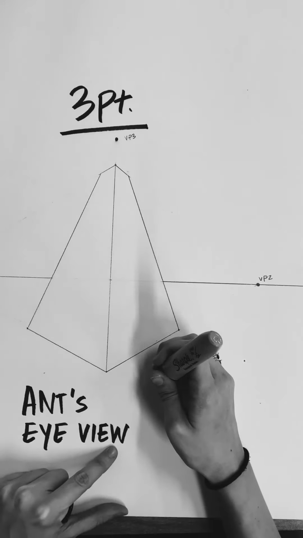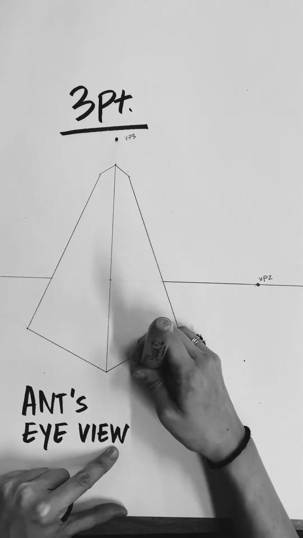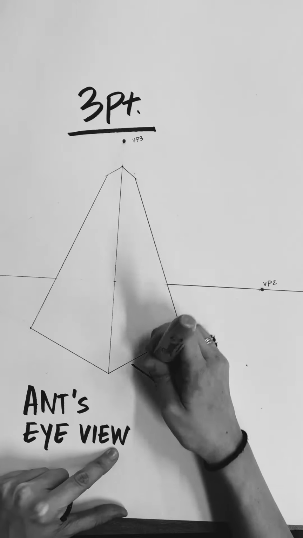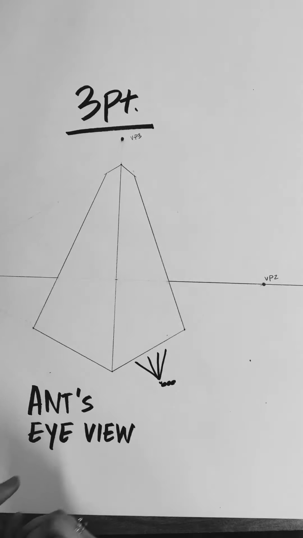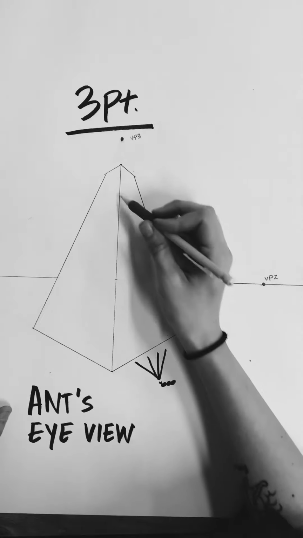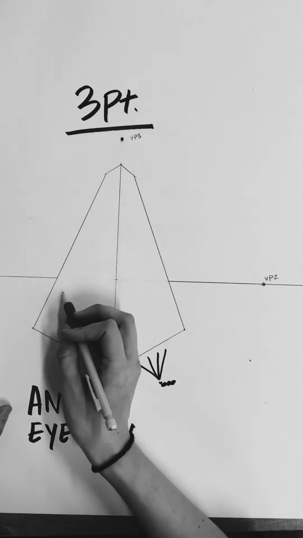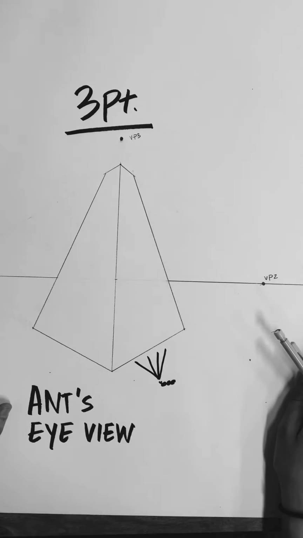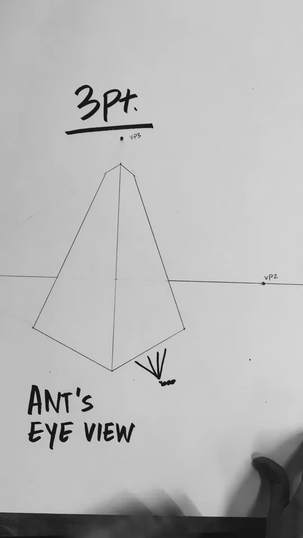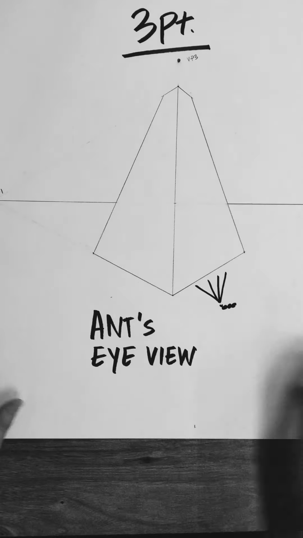And they are looking up. And then we have the right and the left side of that building. All right, so now let's go on to bird's eye view.